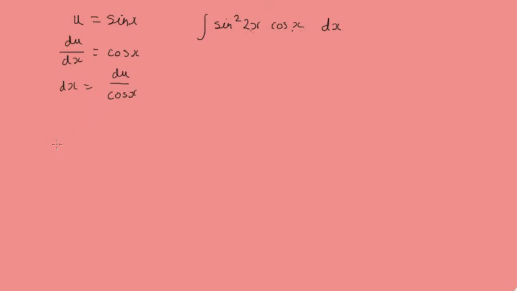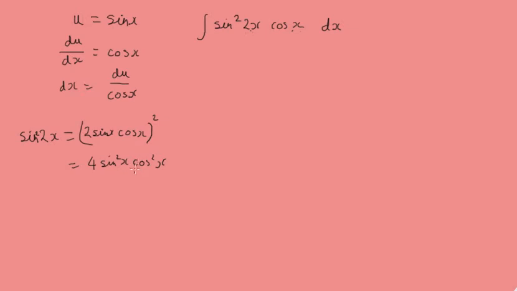And let's now think: sine 2x equals, from our double angle formulae, 2 sine x cos x. But this is squared, so if we square this, we get 4 sine squared x cos squared x.